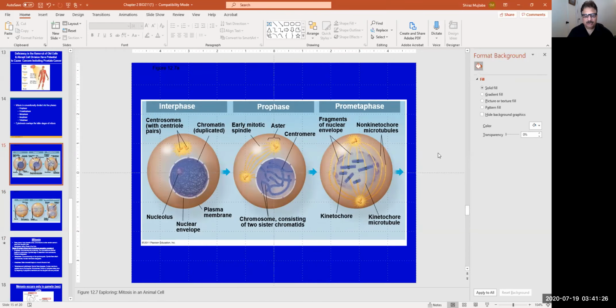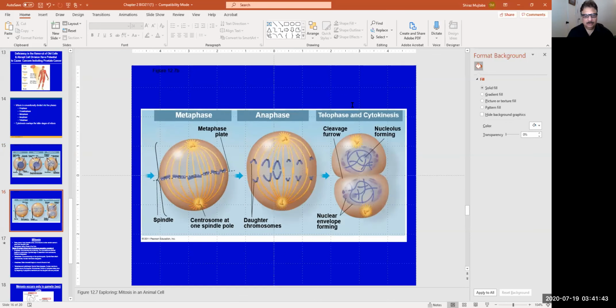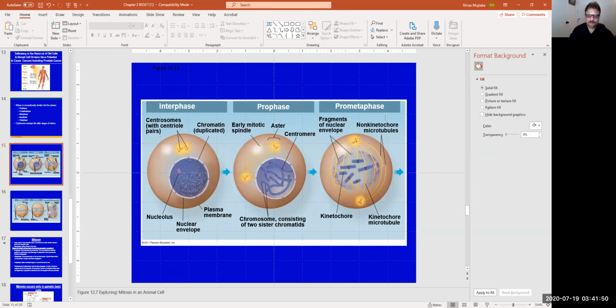So let's go over it again. If the cells are not dividing or are preparing for division, they are present in interphase. The moment there's a triggering signal for the cells to divide, the cells move from interphase to prophase, prophase to prometaphase, prometaphase to metaphase, anaphase, telophase, and cytokinesis. Now, the way I teach is a little bit different.